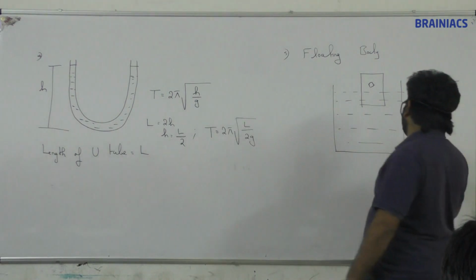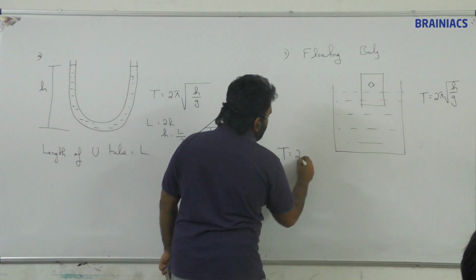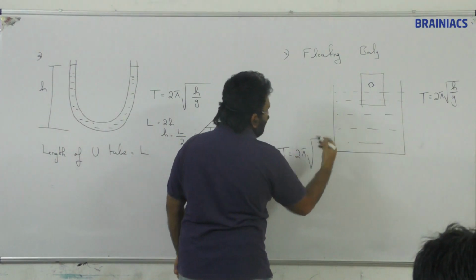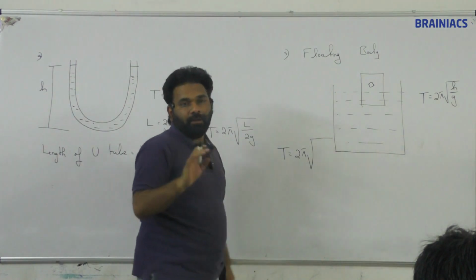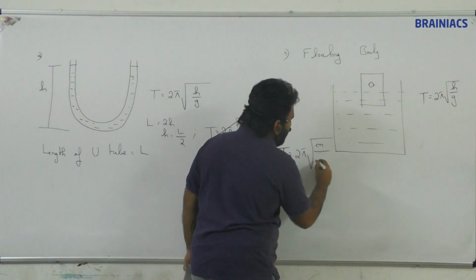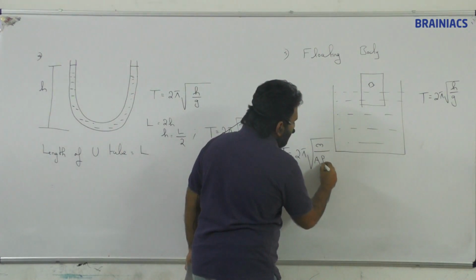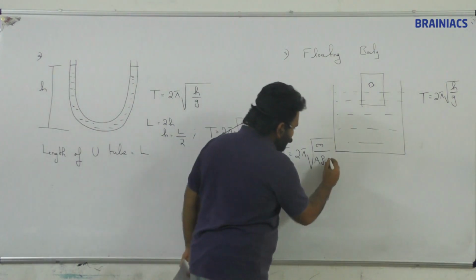In that case what we will have to do is T is equal to 2 pi into root of mass of the body divided by, area of cross section into density into g.